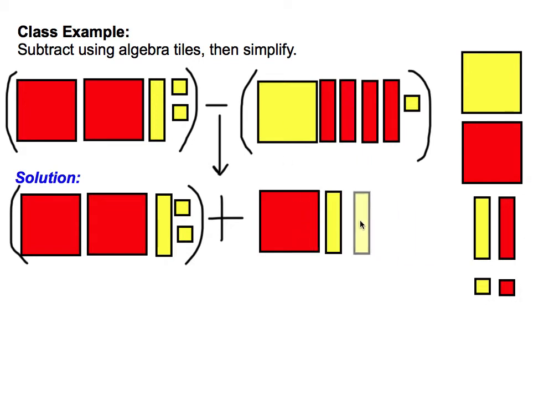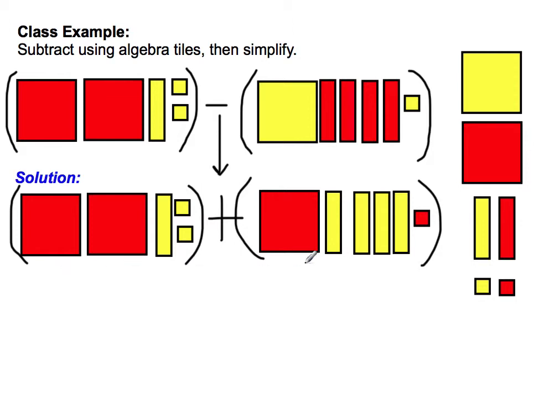Okay. So noticing that I am putting the opposite polynomial in my brackets. So these two are actually equivalent expressions. Subtraction statement changes to an addition statement by changing the second polynomial into its opposites. So now all we do is we zero out.